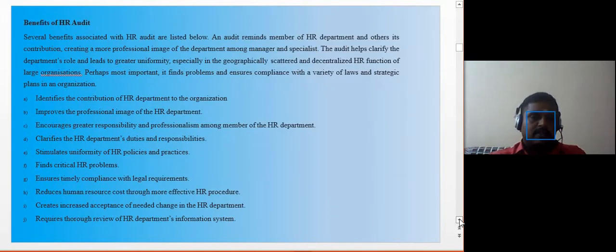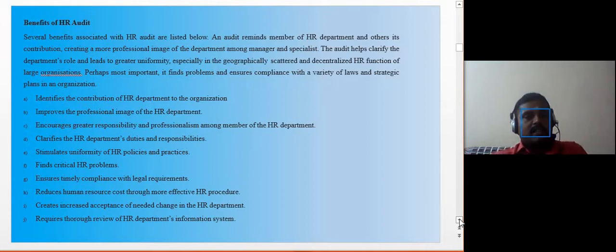Benefits of human resource audit. Several benefits associated with an HR audit are listed below. An audit reminds members of the HR department and others of its contributions, creating a more professional image of the department among managers and specialists.